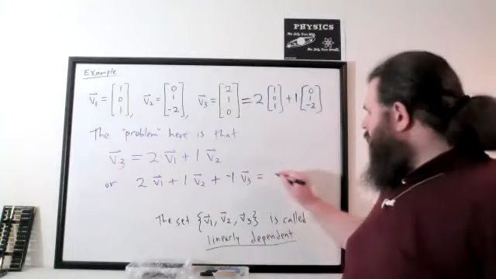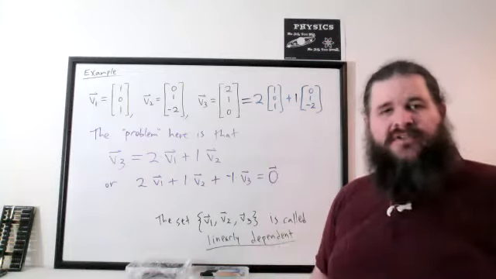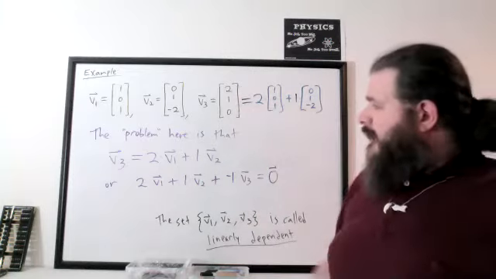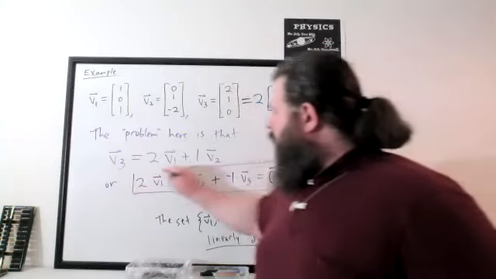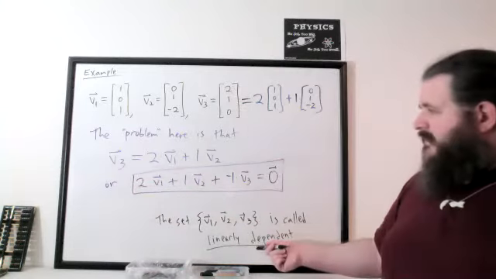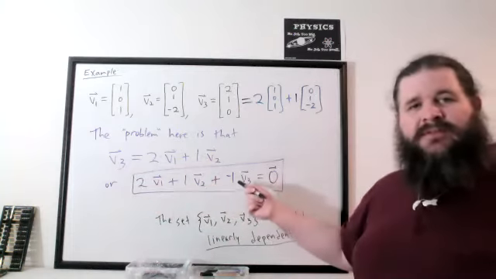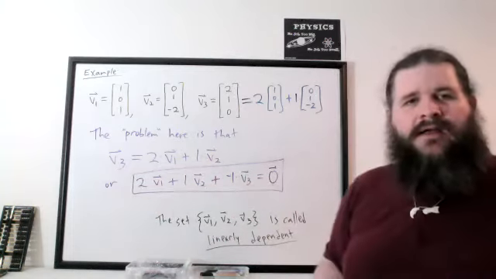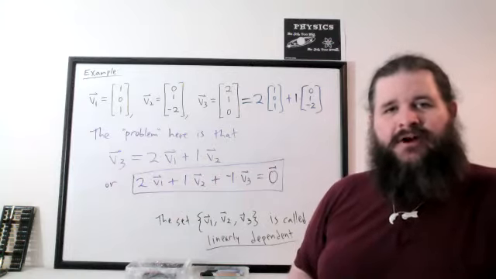Yeah, 0. Specifically, we say the 0 vector. Since it's not just the number 0, it's a vector whose components are all 0. So this is really the big deal here. Linearly dependent corresponds to this idea that something v1 plus something v2 plus something v3 equals the 0 vector. That it is possible to get all those vectors to cancel each other out, to add up to 0.